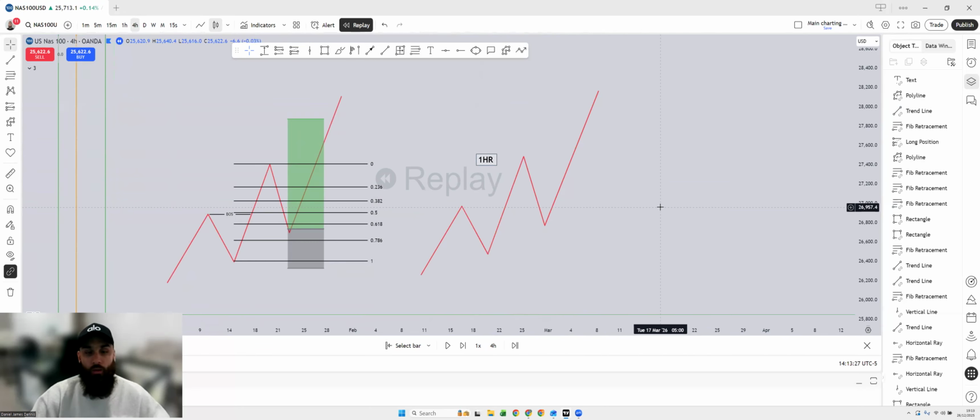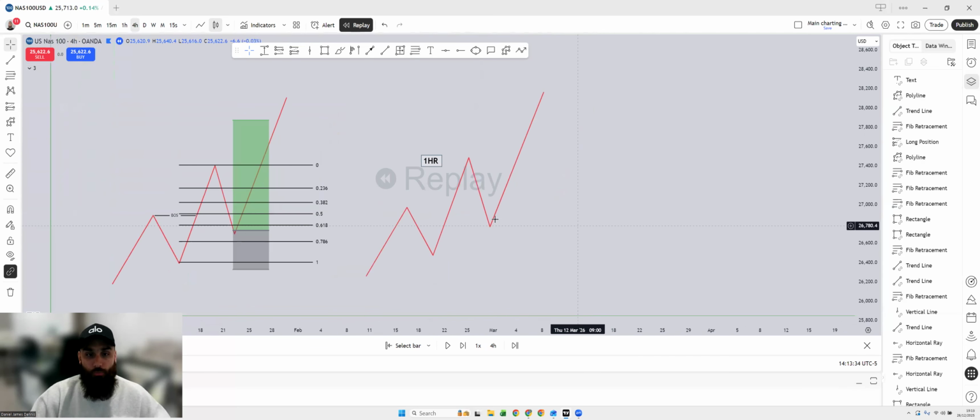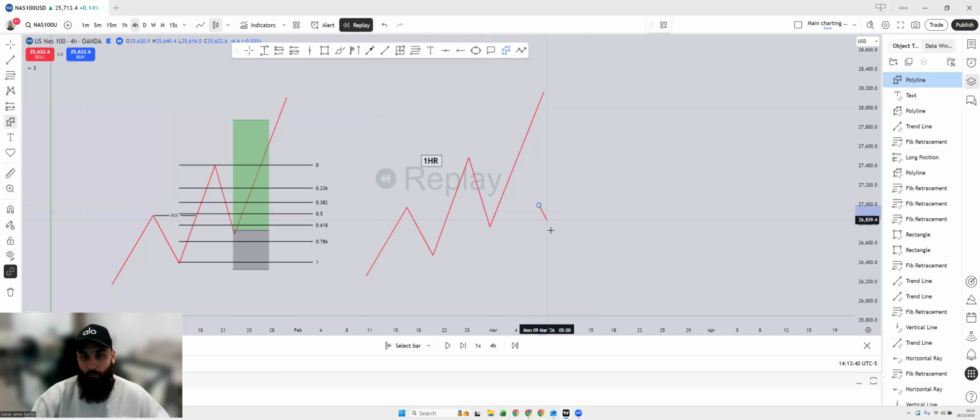Now with a BME cycle, we're using liquidity to get our sweeps to give us the fuel to make that higher high. So I'm going to draw what would be a BME cycle on a smaller time frame. Okay, so I'm going to cut out this.